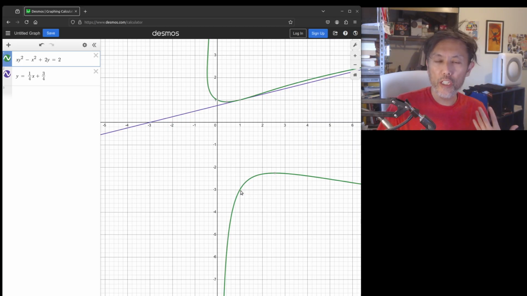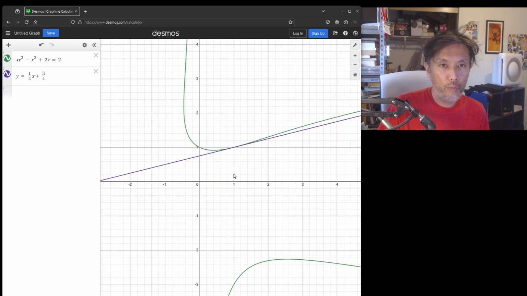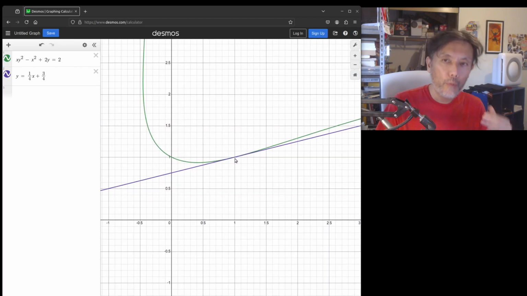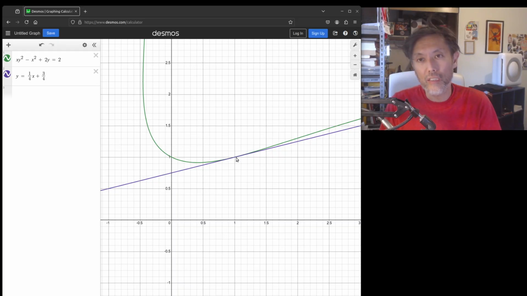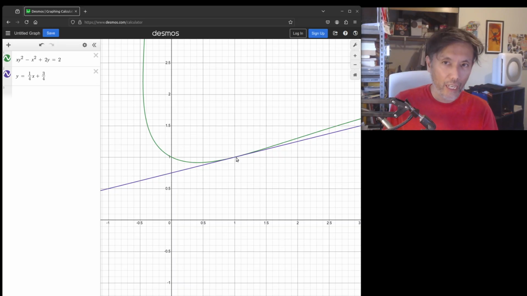When we zoomed in on the green curve and the purple line coincided, the slope of the purple line could be taken to be the rate of change of the green curve. I believe I said the rate of change of the green curve at x equal to 1. But that was inaccurate. It wasn't a good thing to say.